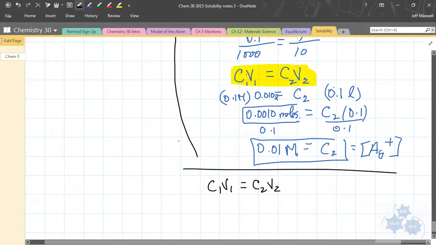We said the concentration was 1 times 10 to the negative 10. The volume has to be in liters, of course, so it's 0.09? 90 mL. Equals, we don't know what the second concentration is going to be, but with the new volume, we know that's 0.1 liters, 100 milliliters.